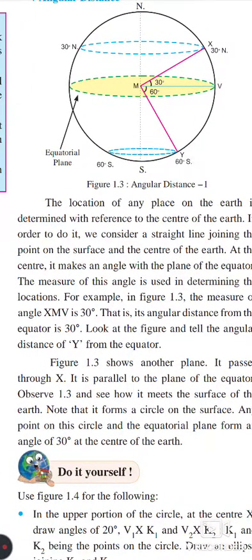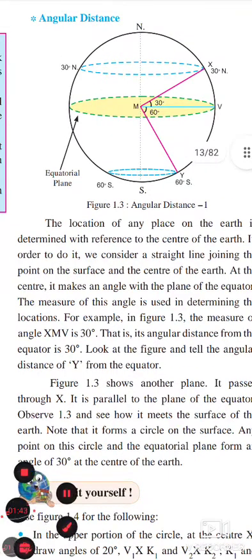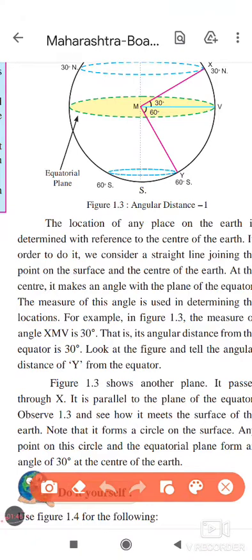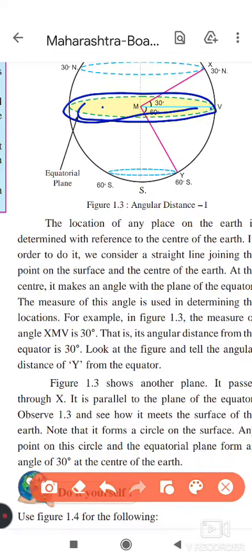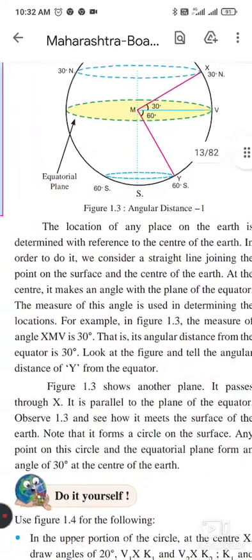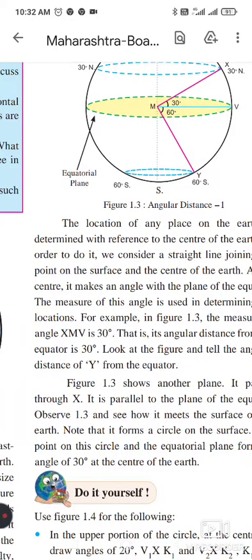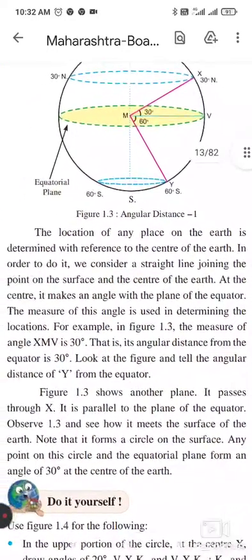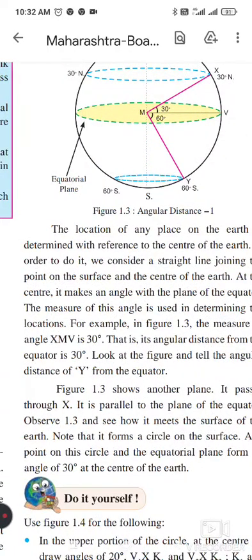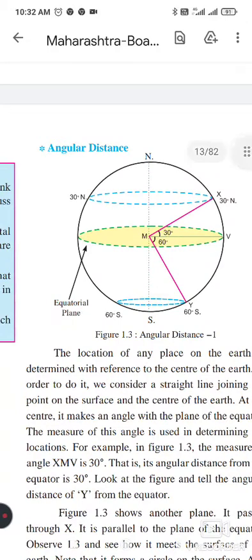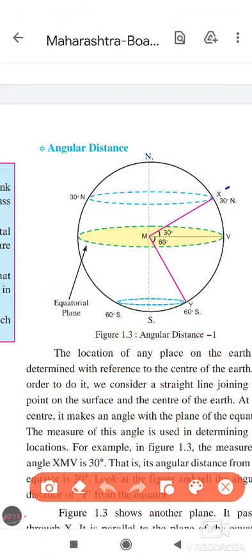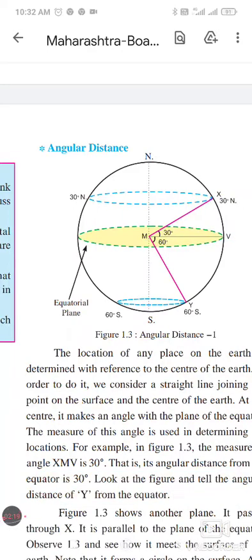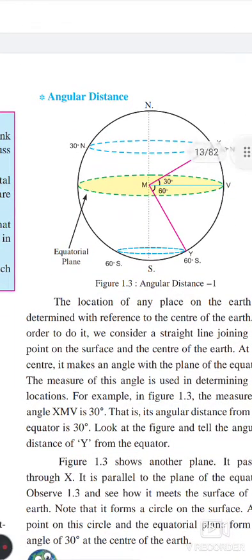Here is the equator. This is the equator plane, the equatorial plane. The measure of this angle is used to determine the location. For example, in figure 1.3, the measure of angle XMV is 30 degrees.